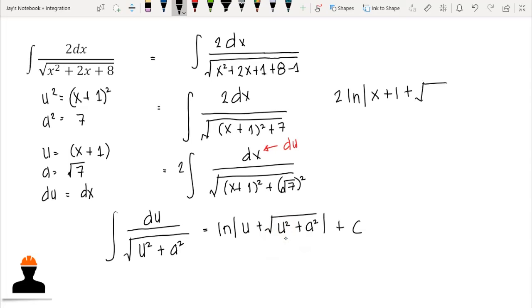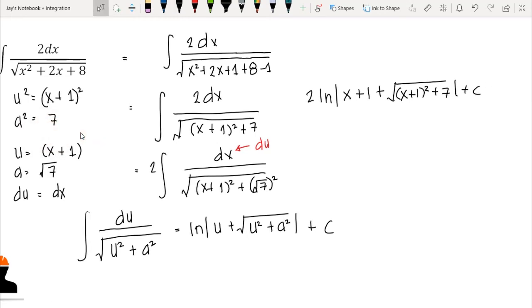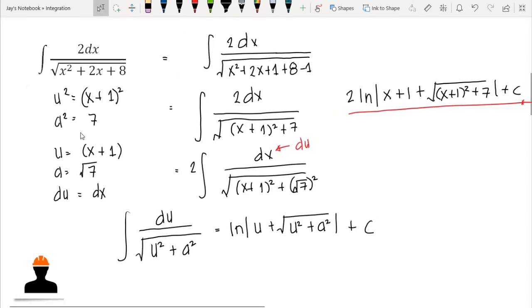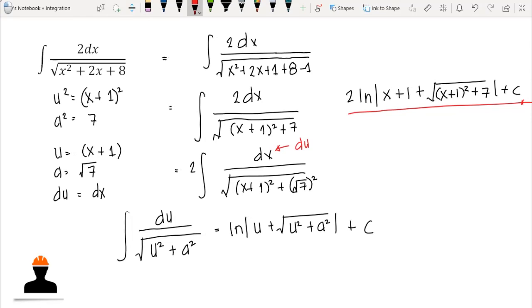Our u squared is x plus 1 squared, and our a squared here is equal to 7. So we have plus 7, then plus c. So therefore, this is now the integration of 2 dx over square root of x squared plus 2x plus 8.